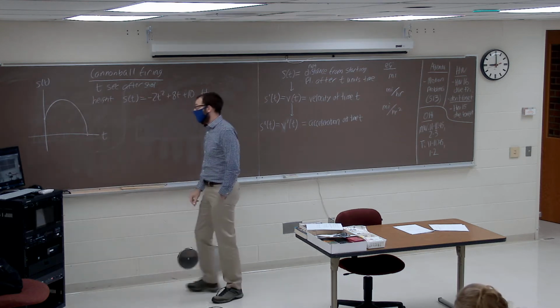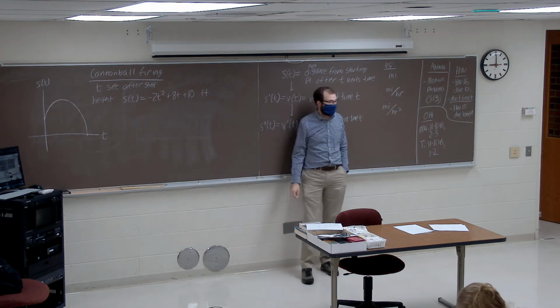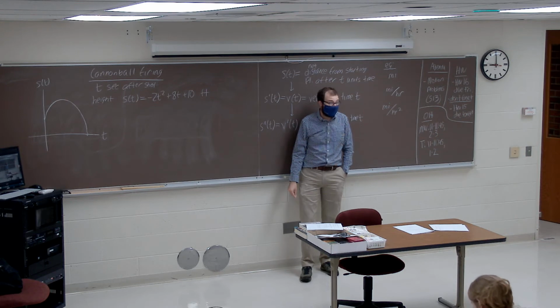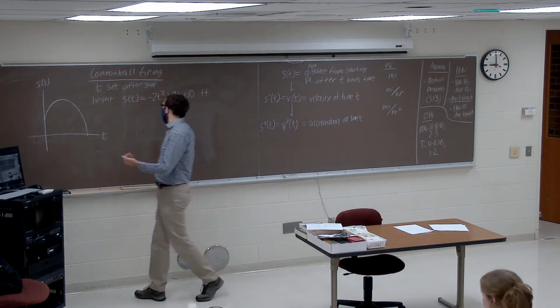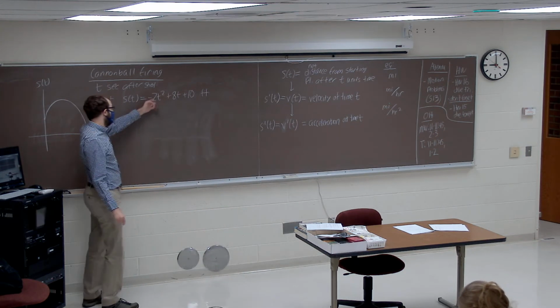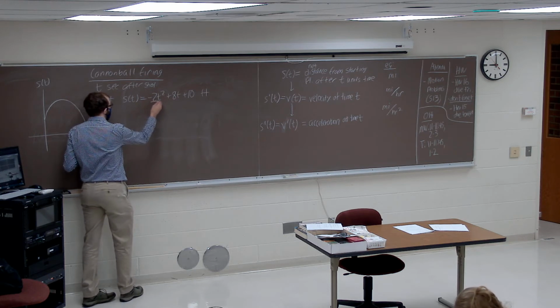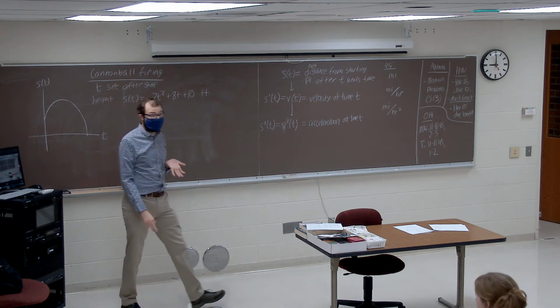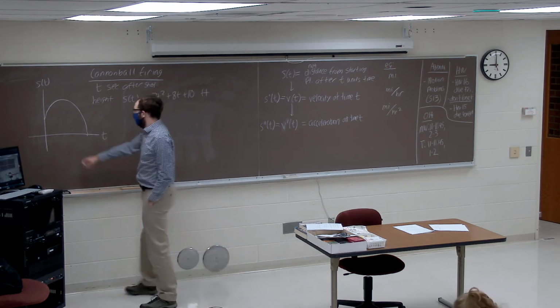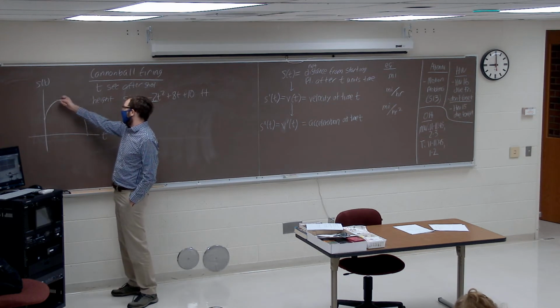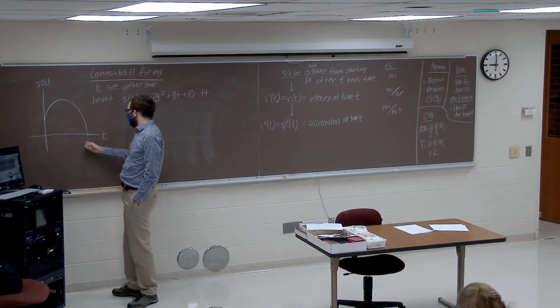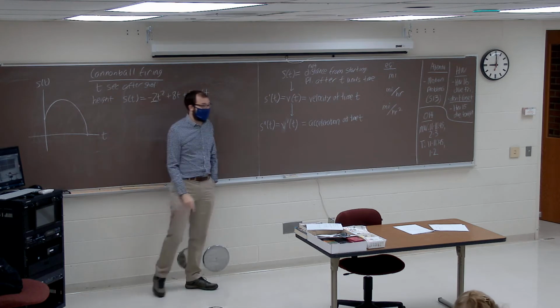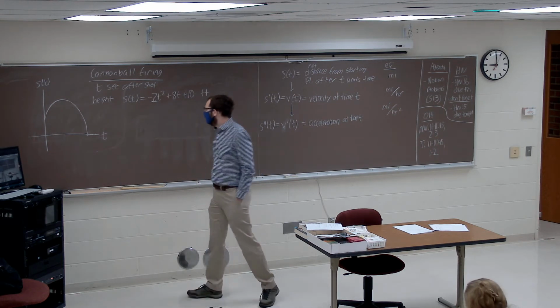So this is a graph of what the trajectory is going to look like. As time goes on, since we have a downwards opening parabola, downwards because the coefficient on our t squared term is negative, our cannonball is going to start by going up into the air, and then it's going to go downwards until eventually it hits the ground.